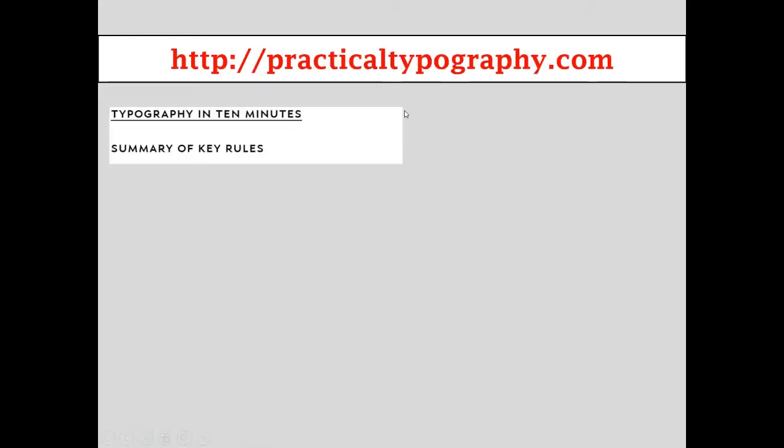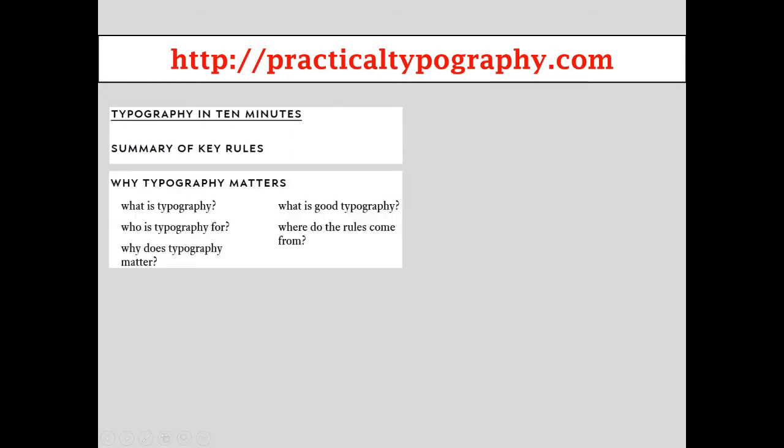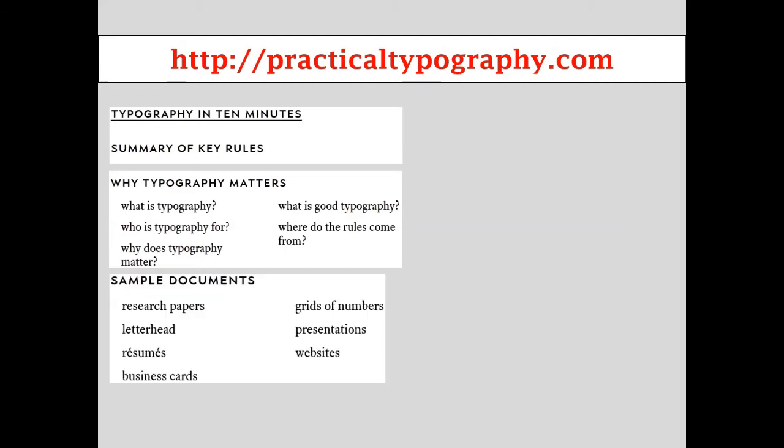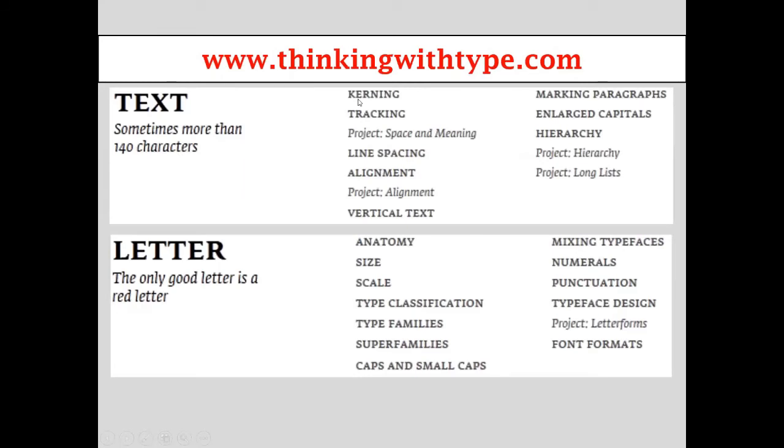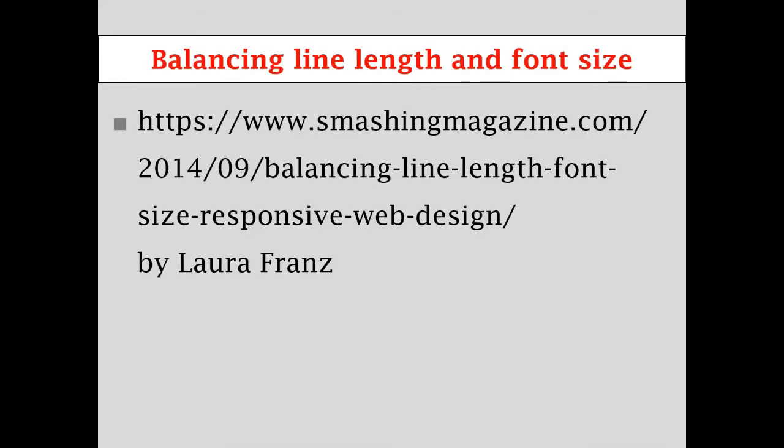Then this website is particularly good because it deals with what you can achieve using word processing packages like Word. So you can have all this that I've been talking about: word spaces, ellipses, math symbols, all these grids of numbers. Or Ellen Lupton's website, Thinking with Type. That is also a good website to get to grips with this subject.